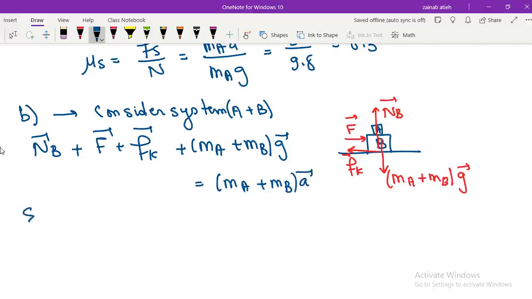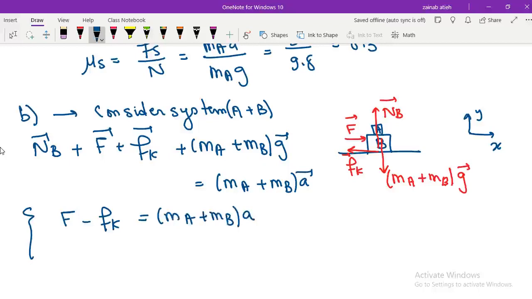Let's now project along X and along Y. Usually X is in the direction of motion, Y is perpendicular. On X, I have F minus FK, equal to MA plus MB times A. On Y, I have NB minus MA plus MB G, equal to 0.